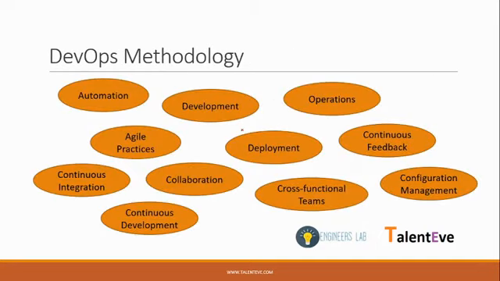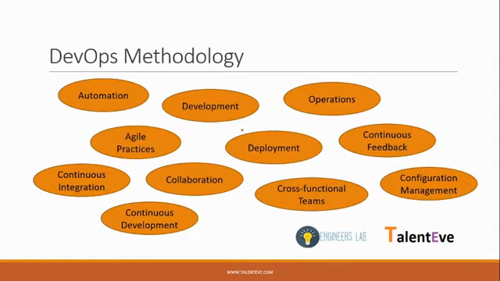Now, combining all these things, what are the different topics in the DevOps methodology? As we clearly said, DevOps brings development and operations together. As a part of this, we said there should be deployment and then continuous feedback.